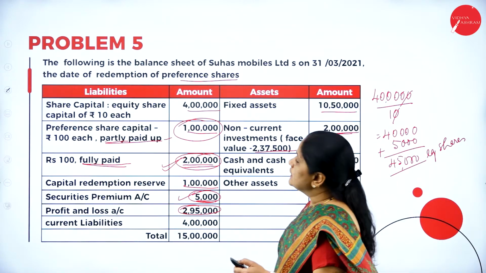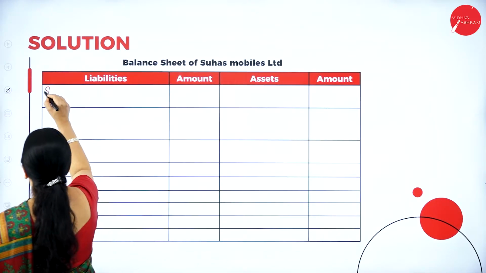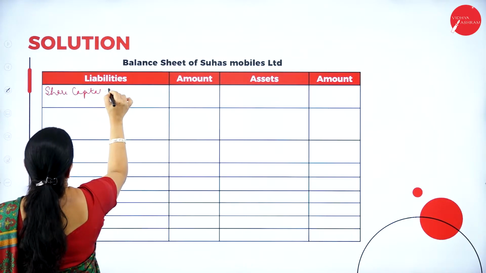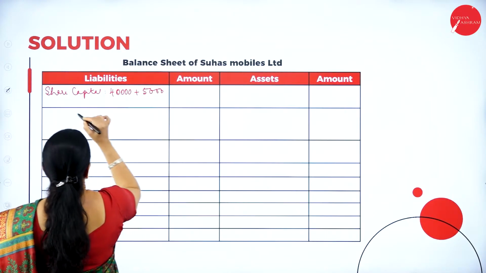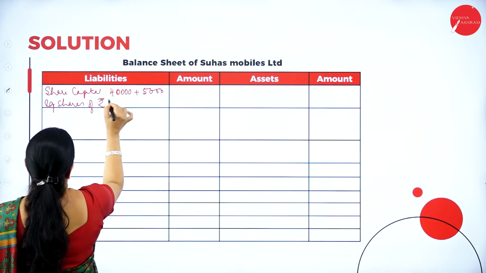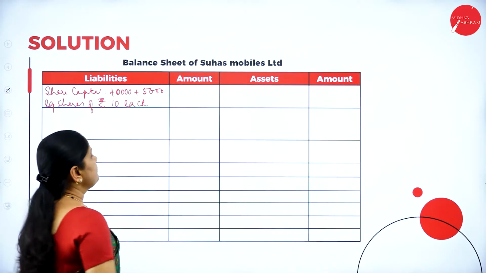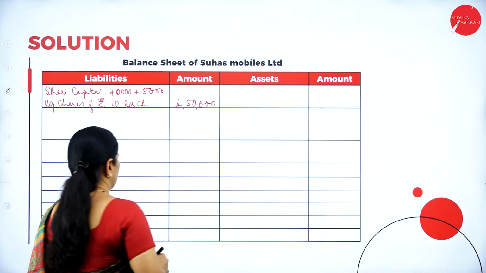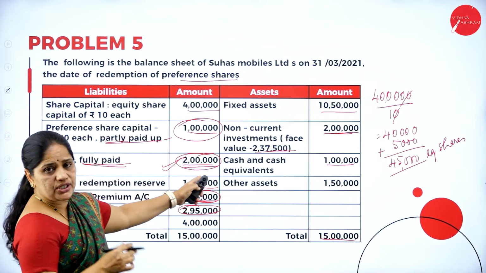So I will write in the new balance sheet, share capital, 40,000 plus 5,000 equity shares of rupees 10 each. So 45,000 into 10 will be 4,50,000.